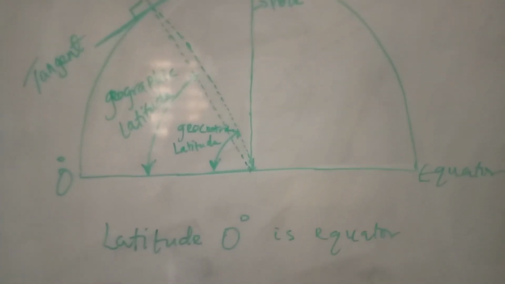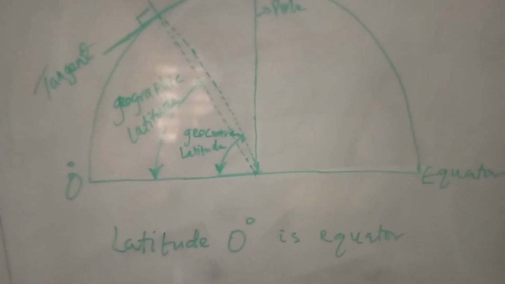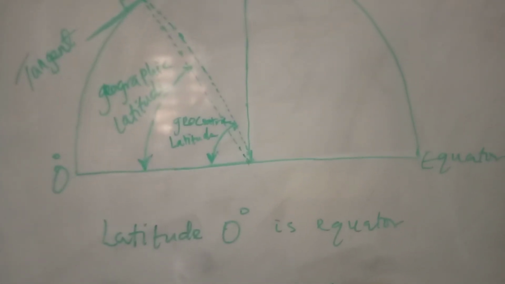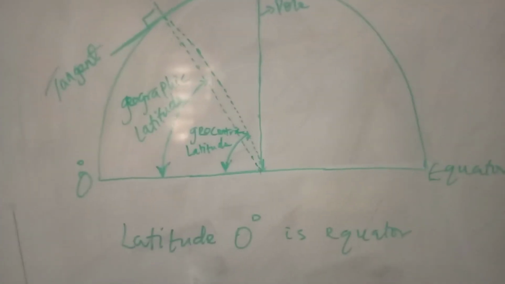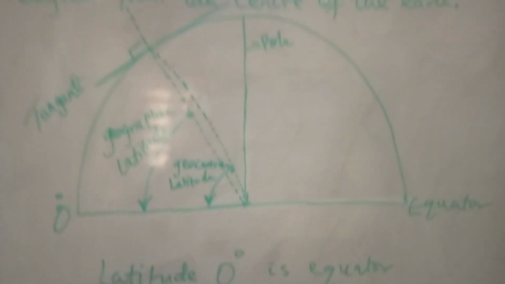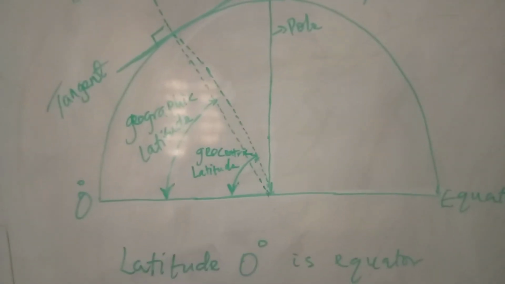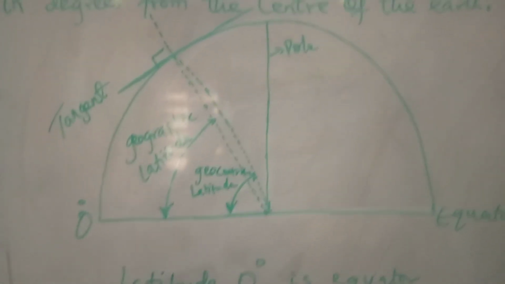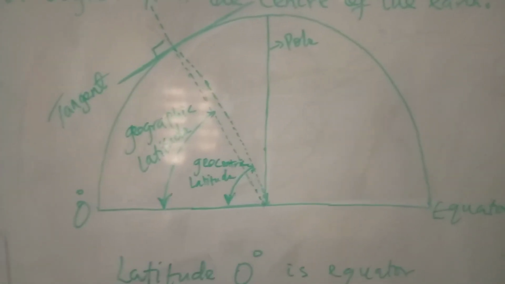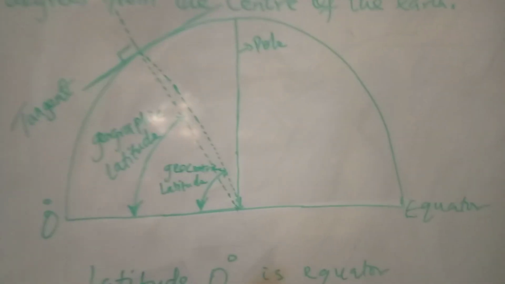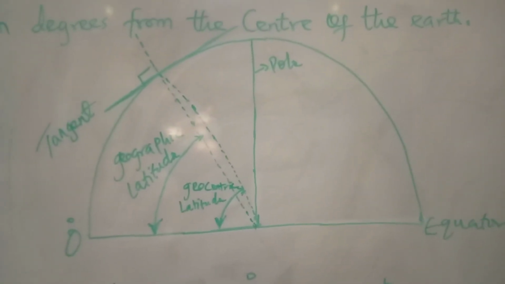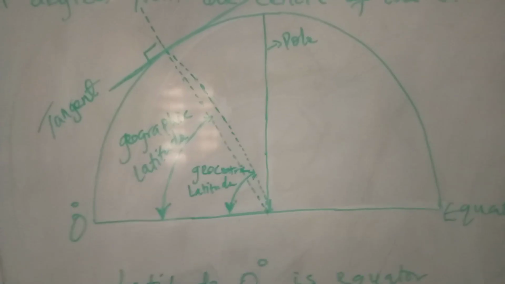Also, latitude 0 degree is referred to as the equator. You can see it. That's what divides the Earth into two hemispheres, the northern hemisphere and the southern hemisphere. The northern hemisphere is the one up, while the southern hemisphere is the one down below.